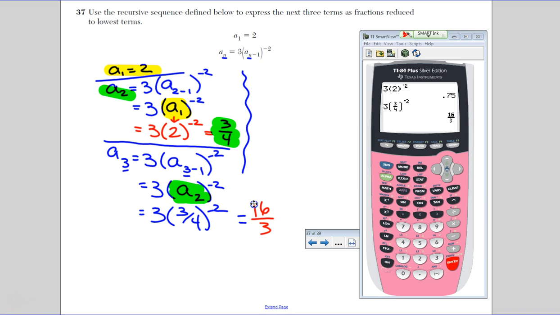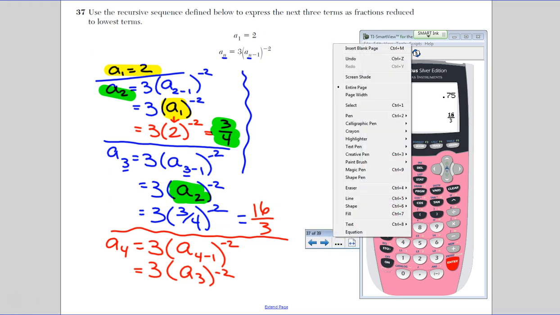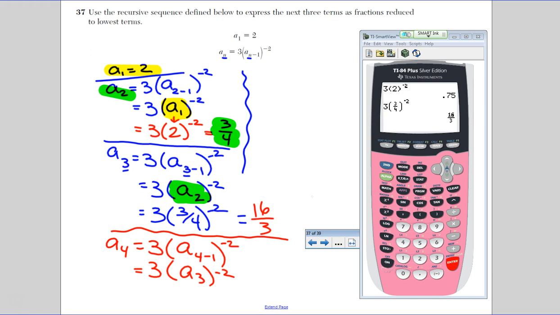And now we have to do this one more time to get the third of the 3 terms they're looking for. So A4 is 3 times A sub 4 minus 1, all raised to the -2. Simplifying that is A3. So now I have to fill in A3 right here. So A3 is 16/3, and that's what I need to fill in right there.